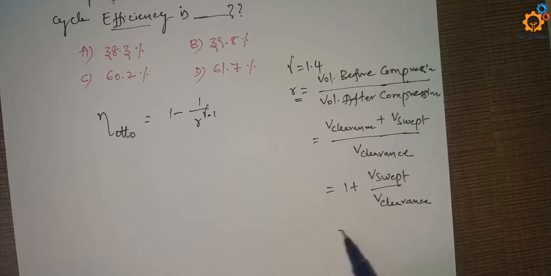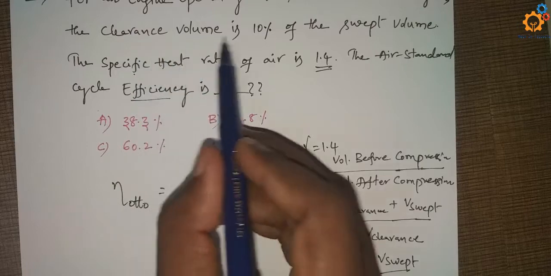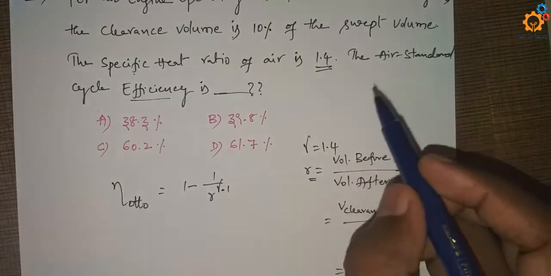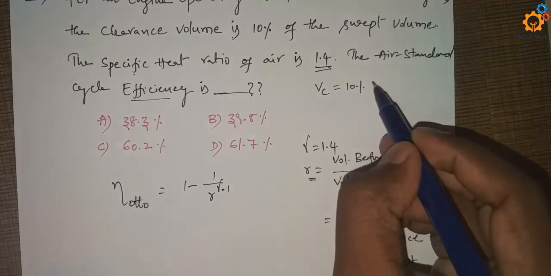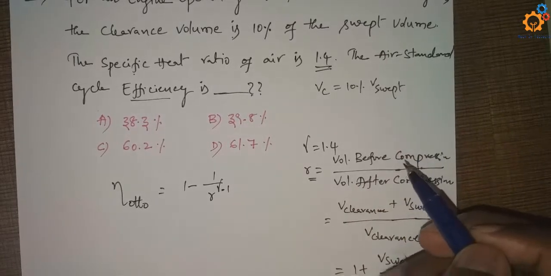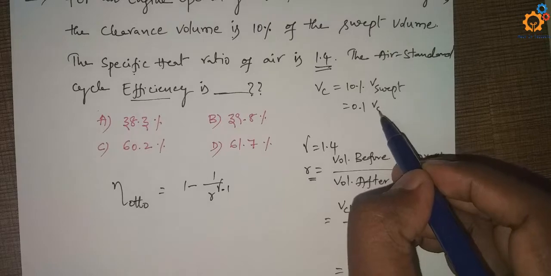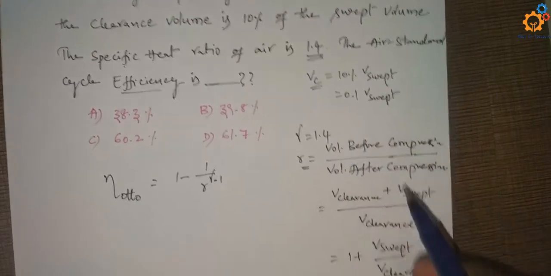Okay, but here the relation is given as clearance volume is 10% of swept volume, right? That means Vc is 10% of V swept. That means it is 0.1 into V swept. So let's substitute clearance volume.